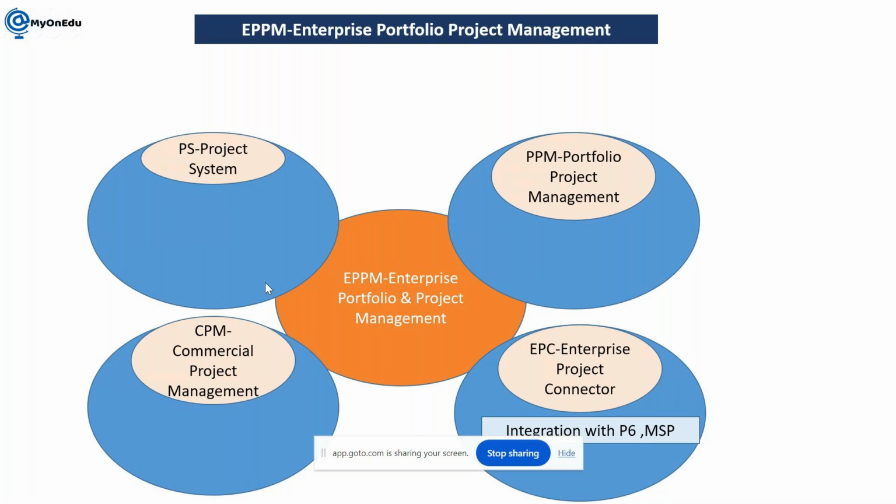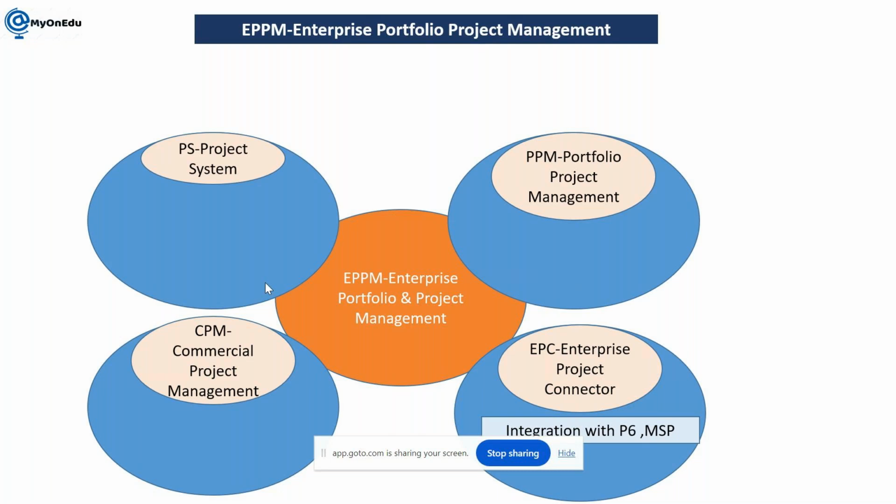Core means when SAP started, when any ERP is introduced, they are supposed to have some core modules where your basic business can be run. Okay, and when ERPs used to be provided, they used to have some core modules based on which they provided the solution.